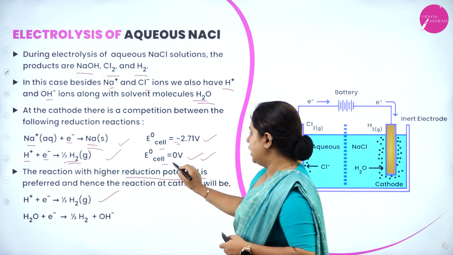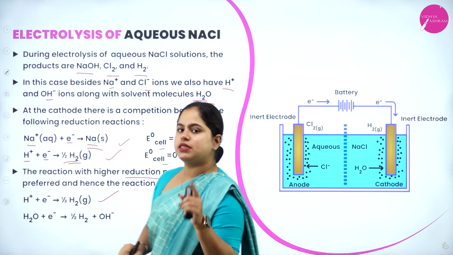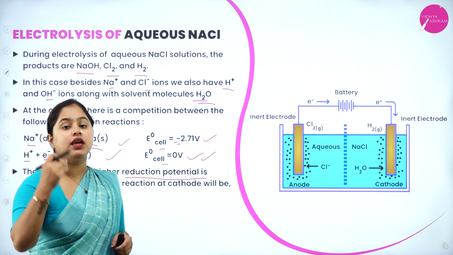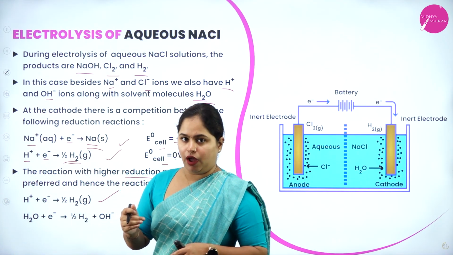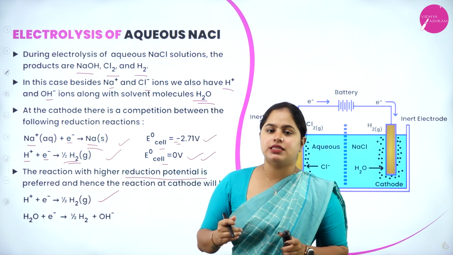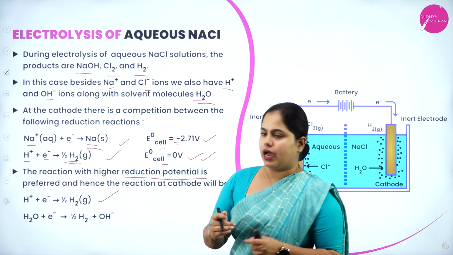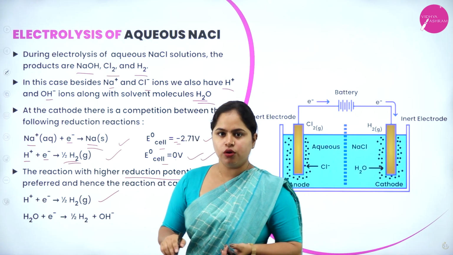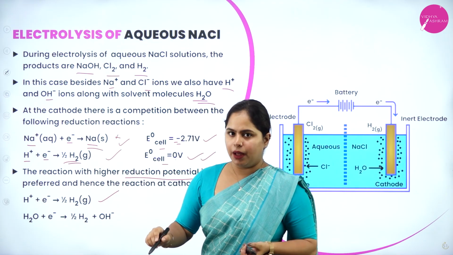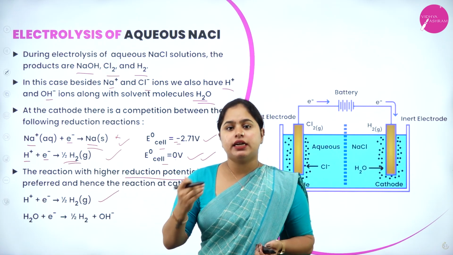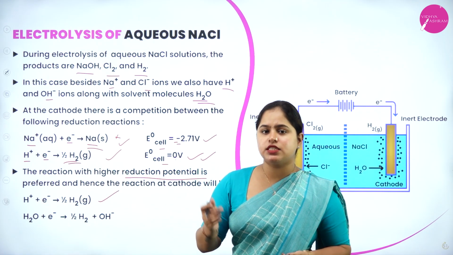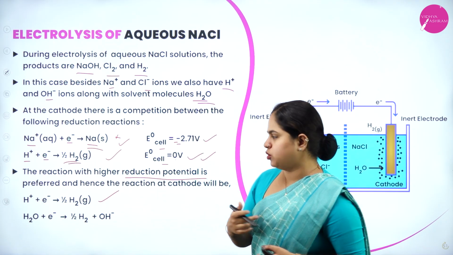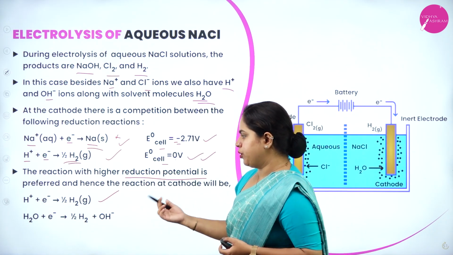So whichever of these two reactions has the higher reduction potential value will be chosen as the reaction happening at the cathode. So out of these two, this reaction is going to take place, and the other will not happen. We have already discussed this: whichever has higher reduction potential will be considered as the cathode reaction.